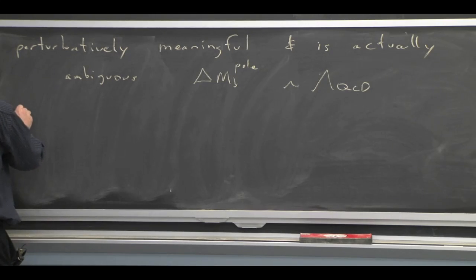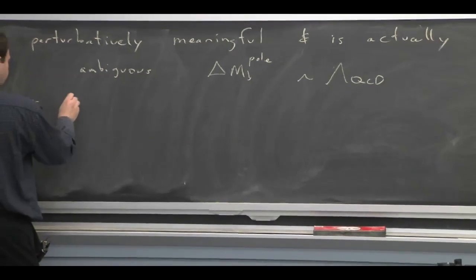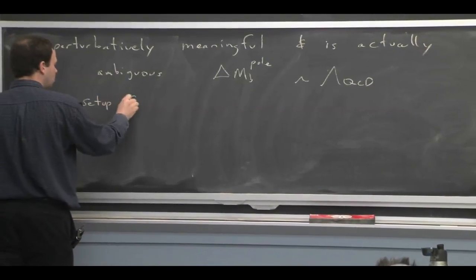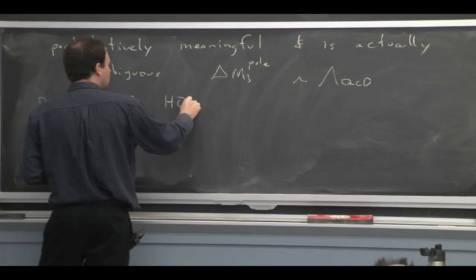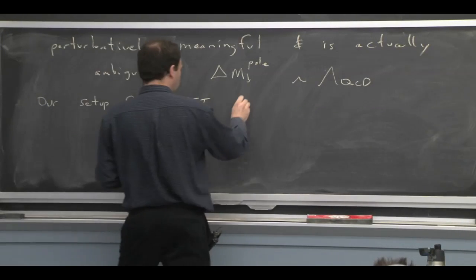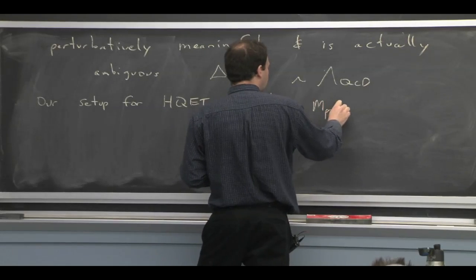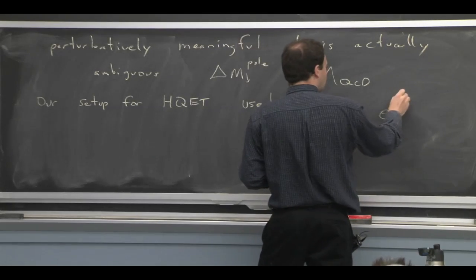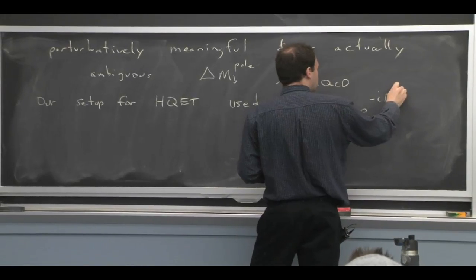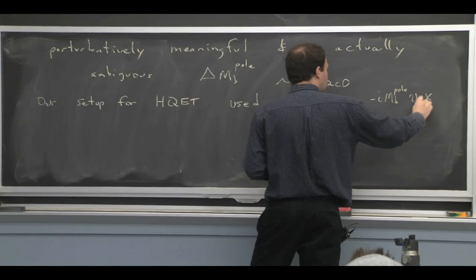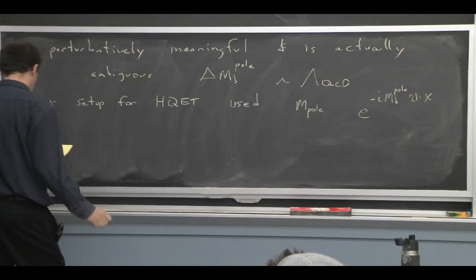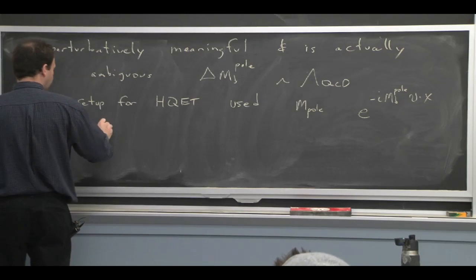Now, when we set up HQET, we actually used M pole. So we're using a questionable physical parameter. When we did these phase redefinitions, we were actually using the pole mass scheme because we were expanding about the mass shell.